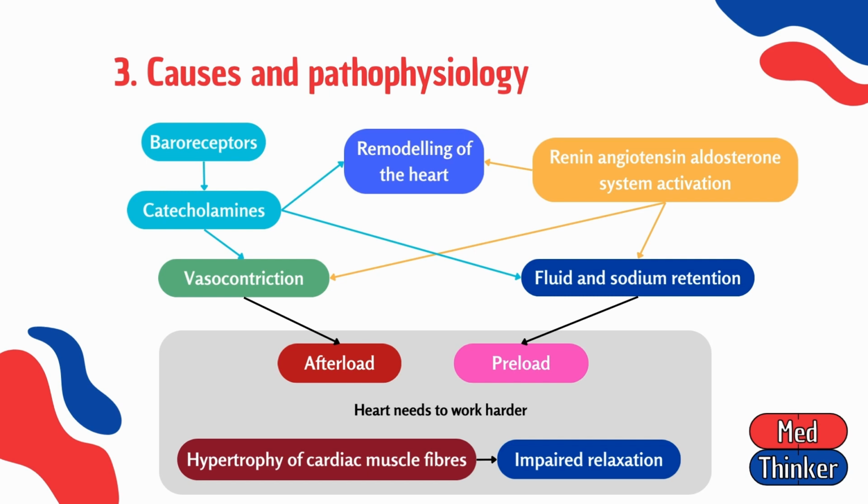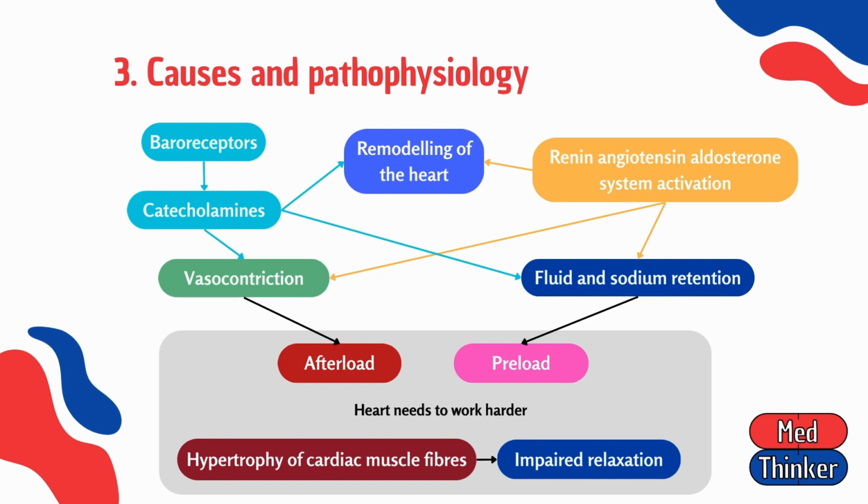But over time, the heart muscle stiffens. It grows and it stiffens, and that means that relaxation is impaired. And again, we are in a situation where the heart cannot fill appropriately, and again, cardiac output is reduced. So as you can see, there is some sort of vicious cycle going on here with heart failure.